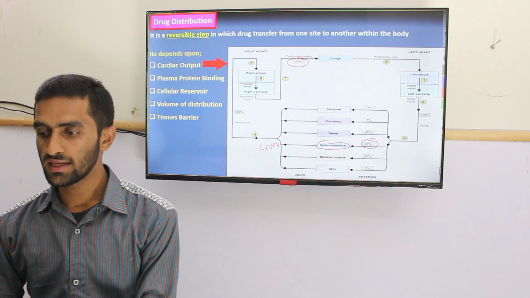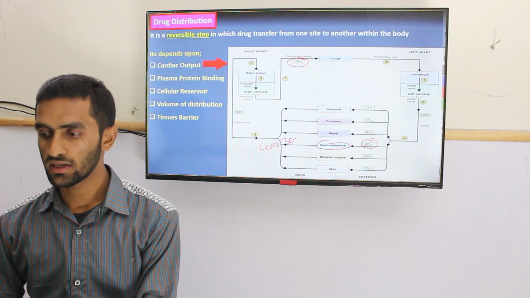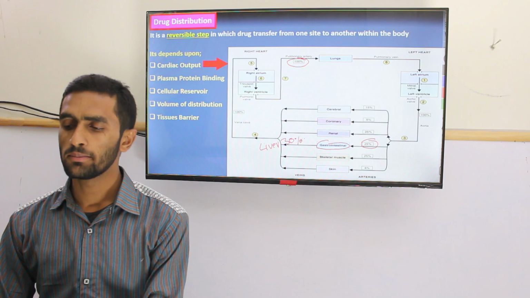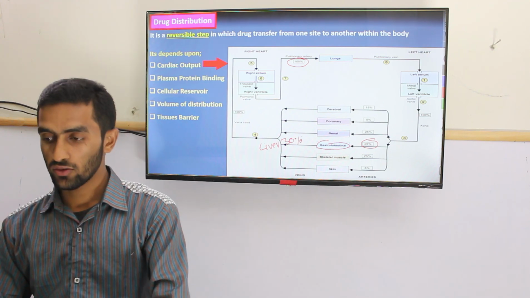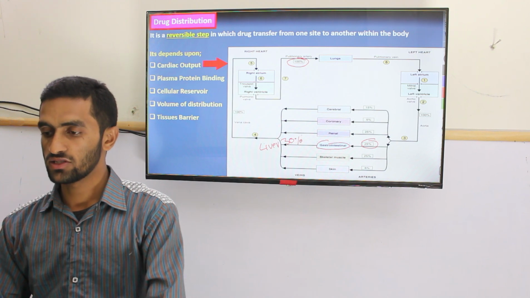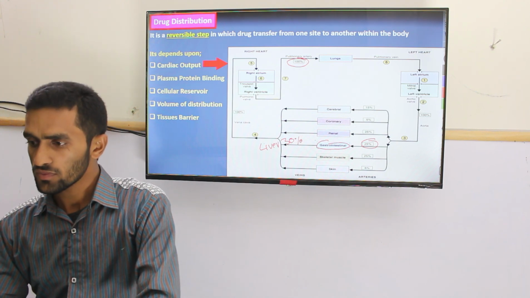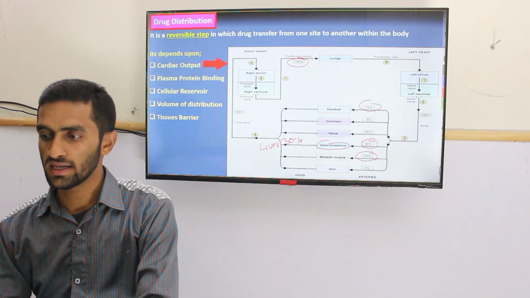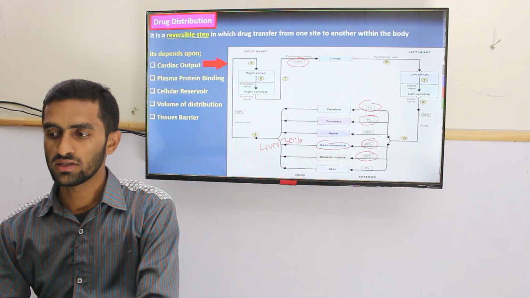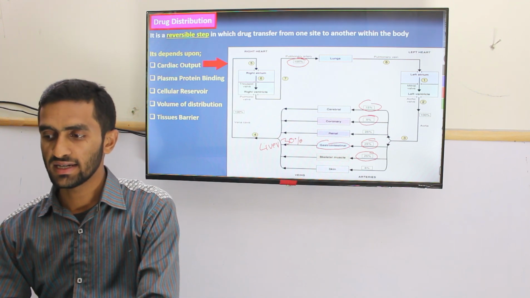Overall, I think 30% of the cardiac output is going to the liver. The drug, in the same manner, is distributed throughout the tissues. Skeletal muscle has 25%, and 5% is going to the coronary, meaning heart, and cerebral, meaning brain.